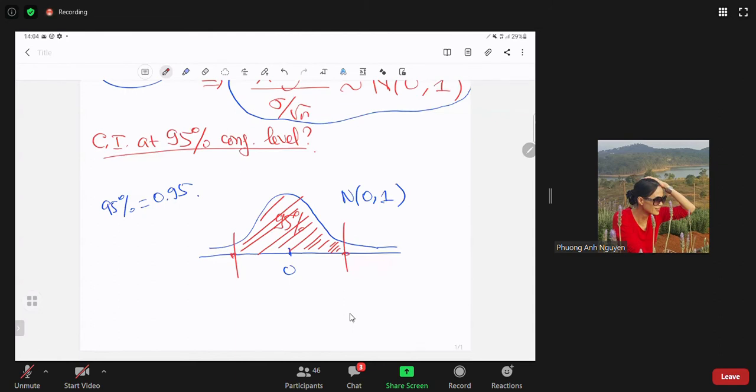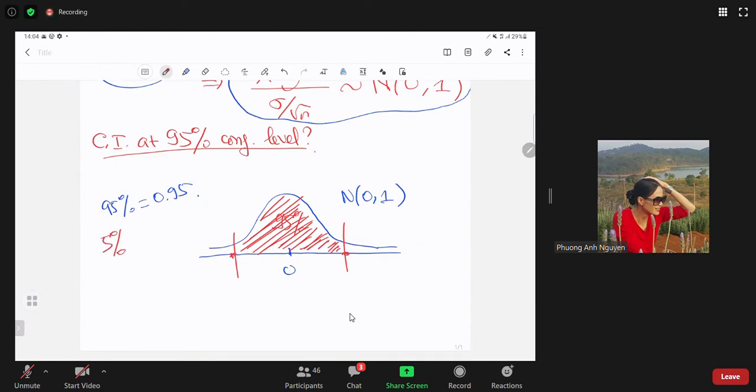So what is this value, what is that value? You can refer to any statistical table for the standard normal distribution. If you have 95% of the population here, what is left is 5% for the 2 tails.